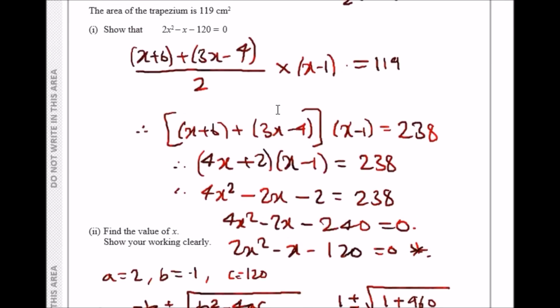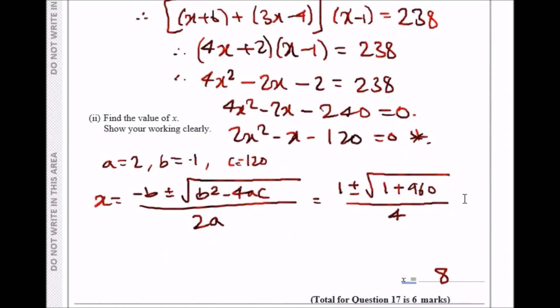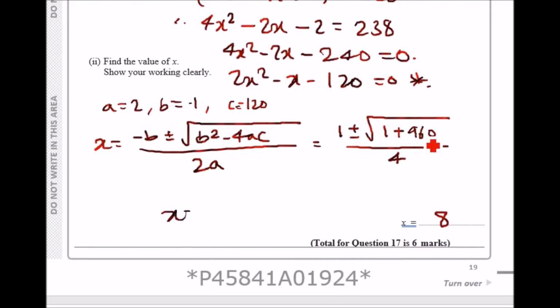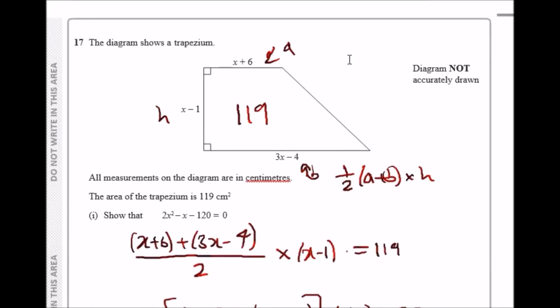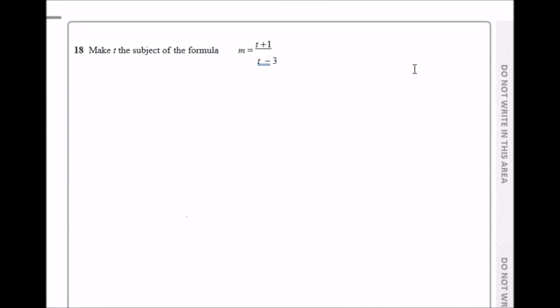Because we're dealing in terms of areas and lengths, we need a positive length. The second solution is minus 15 over 2, which wouldn't work because you can't have a negative length. That's really it.